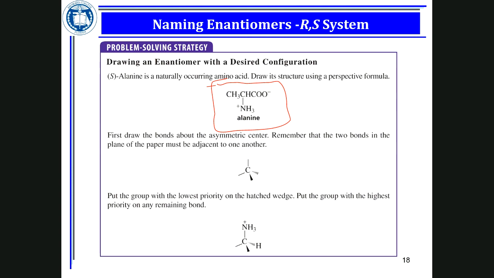You find your chiral compound, the chiral carbon there, and you assign the priorities. Nitrogen takes the highest priority, that's 1. Hydrogen is priority 4. This carboxyl group is going to be priority 2 in this case, and the methyl group is going to be priority 3.